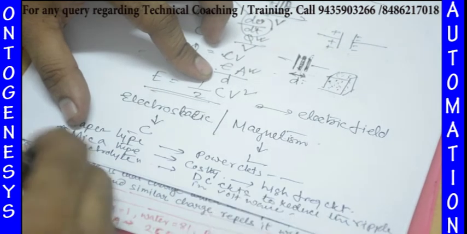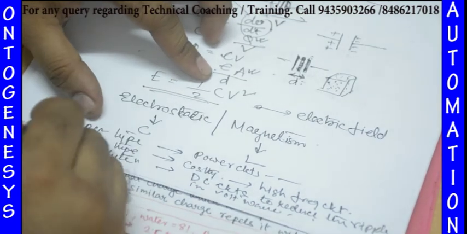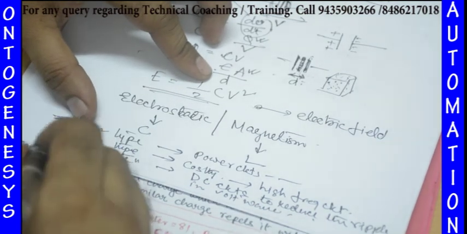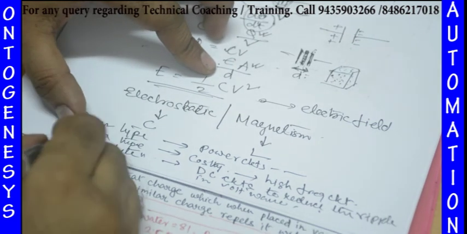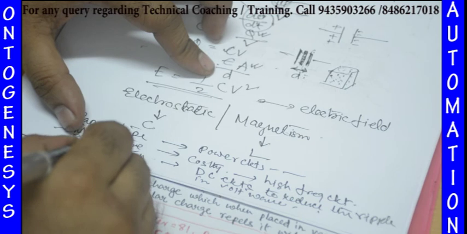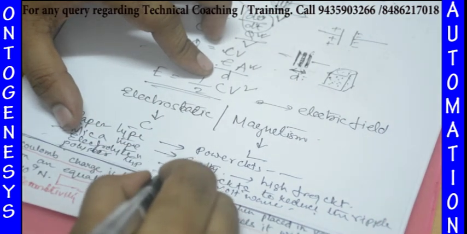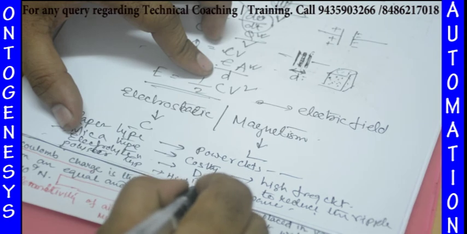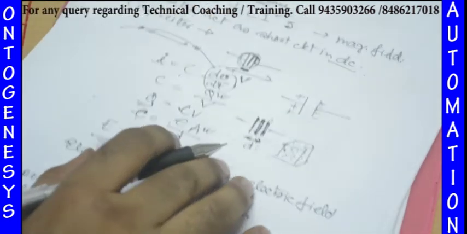Okay, so electrolytic types are used in DC circuits to reduce the ripple. Paper types are used in our power circuits, and mica types are costly and used for high frequency. Another type is polyester type. Polyester types are used for high voltage purposes. Remember these four types of capacitors.